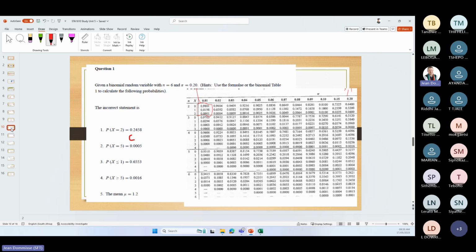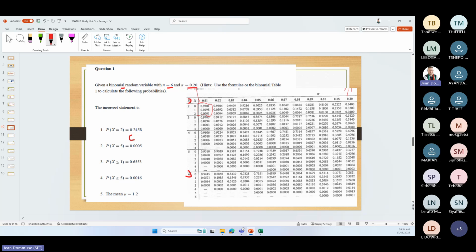So they can ask you a binomial question in 2 different ways. They can tell you, as we are going to look at this one, given a binomial random variable, they say it straight to you, okay, we're working with a binomial distribution. And then they tell us in this question specifically, we're working with n, which is 6. So n is 6.